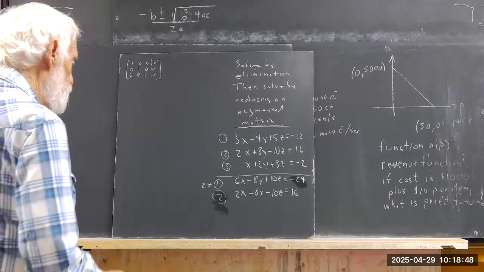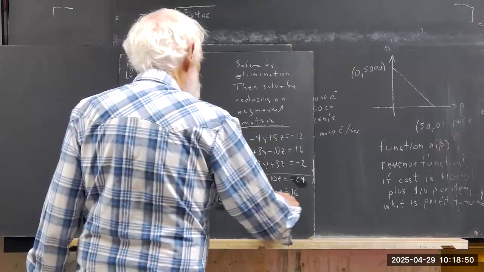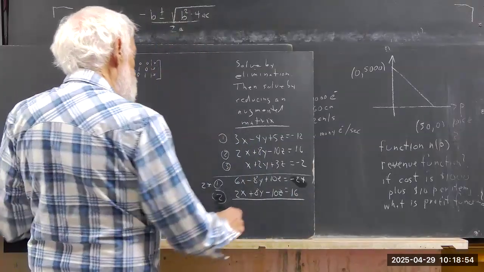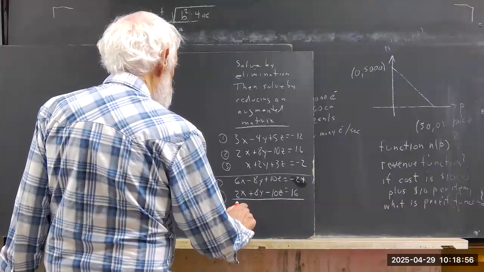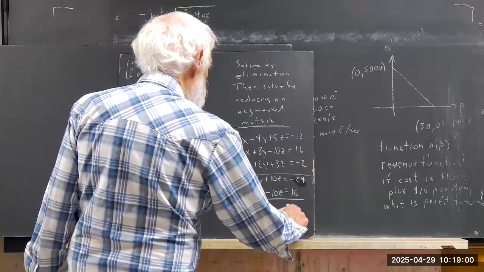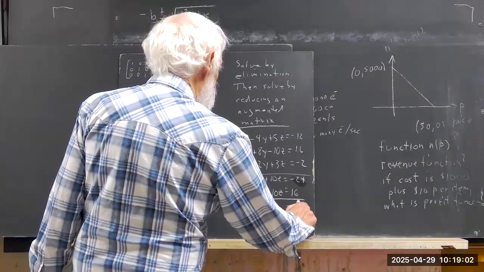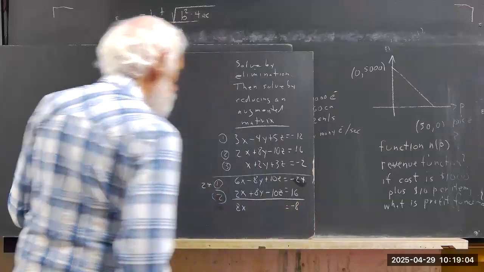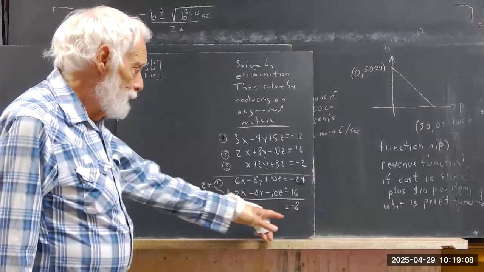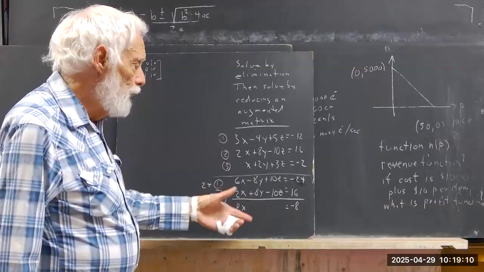When I do that and add the 2 equations, I get 8x equals negative 8. Now I think some people got x equals 5.